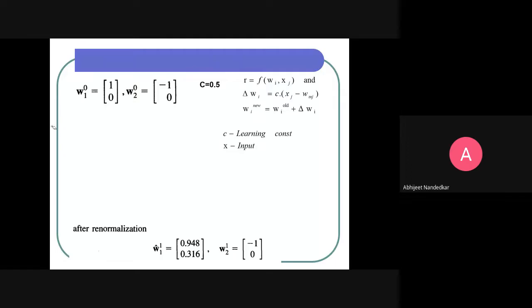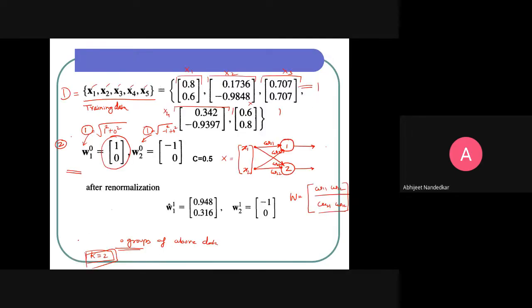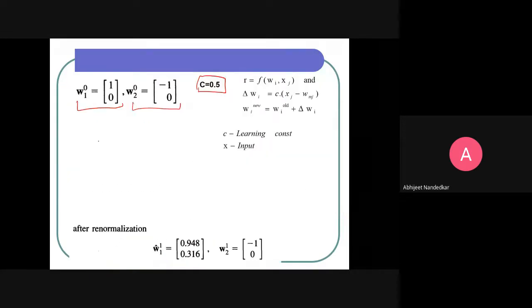Now this is my weight for neuron number 1, and this is my weight for neuron number 2. Here the learning constant is selected as 0.5. Now what we have to do is take the first training sample, that is 0.8, 0.6. We are selecting this one for training purposes.